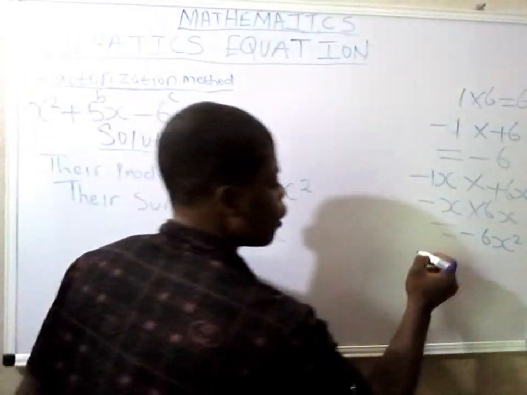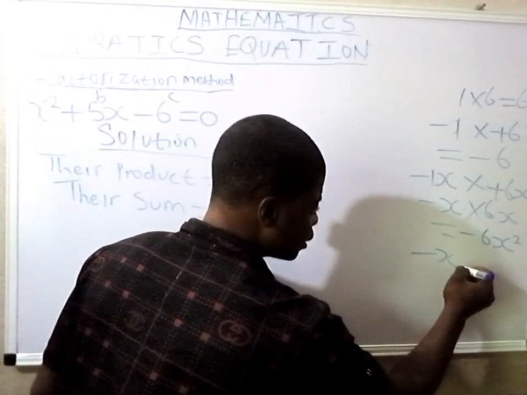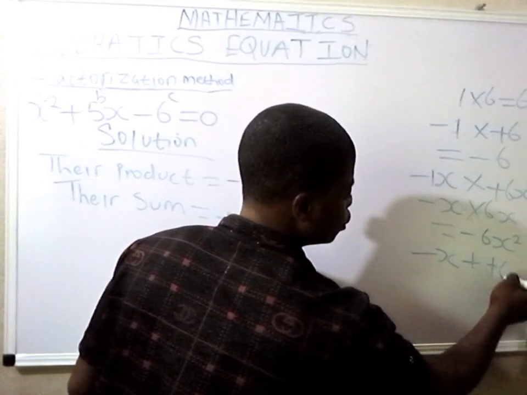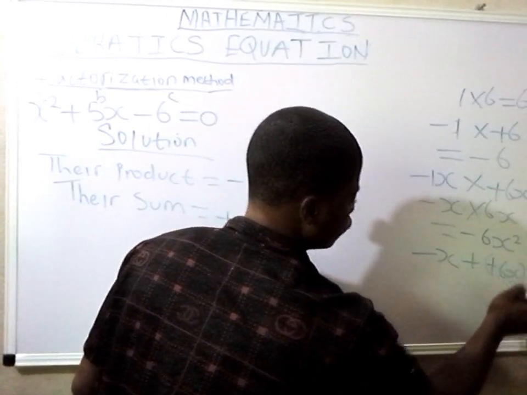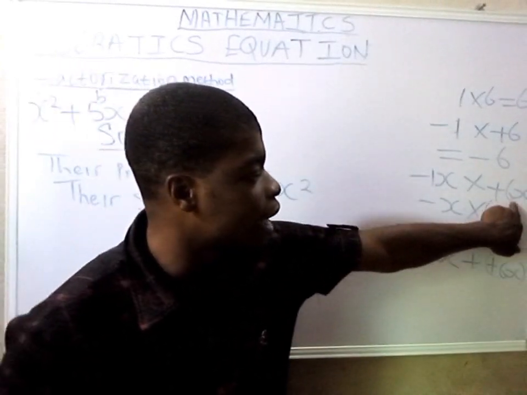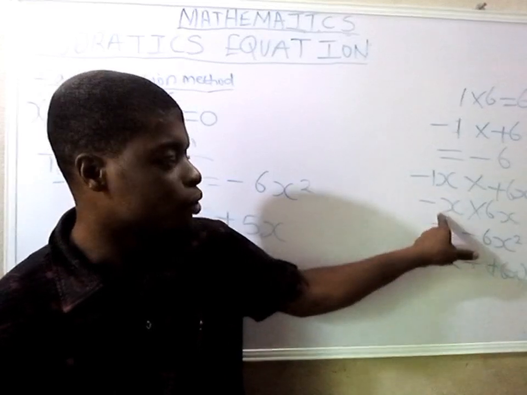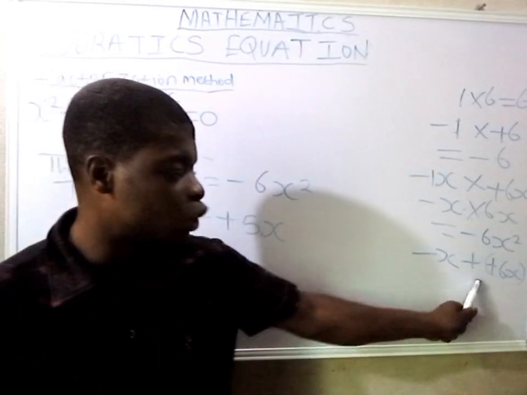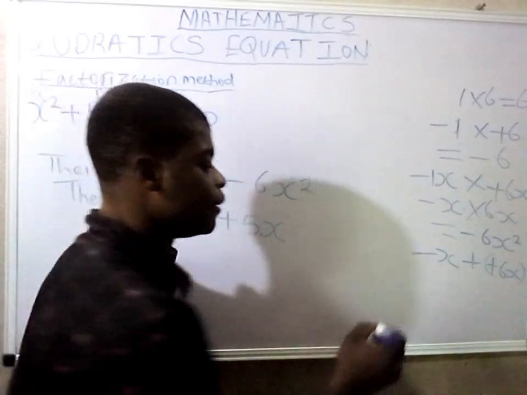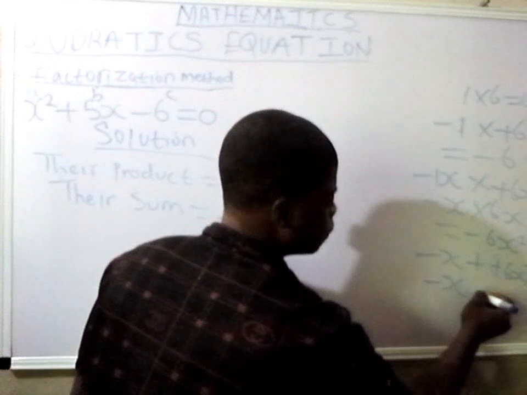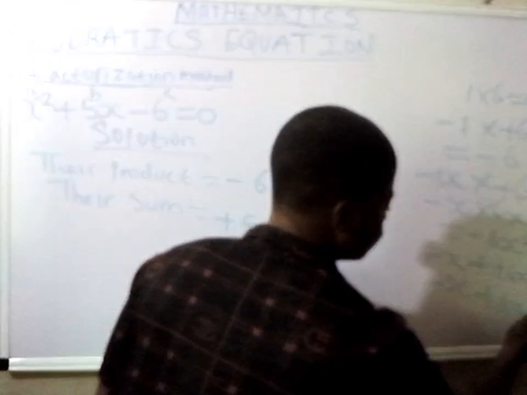So it will be minus x plus 6x, because the variables we used there were plus 6x and minus x. So we have put the addition sign. Let's open the bracket: minus x plus 6x.